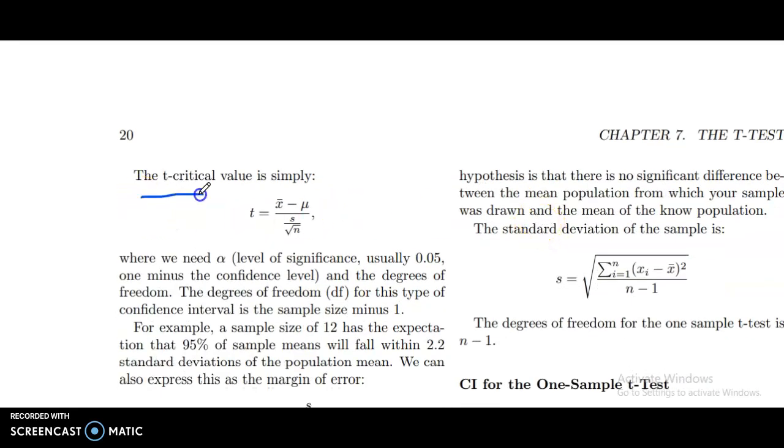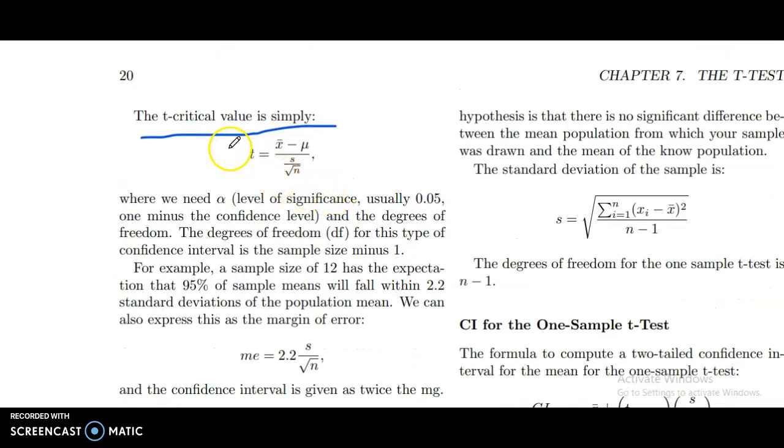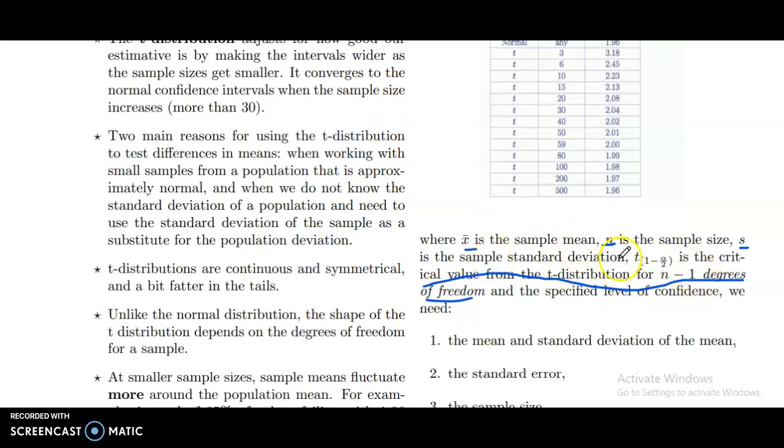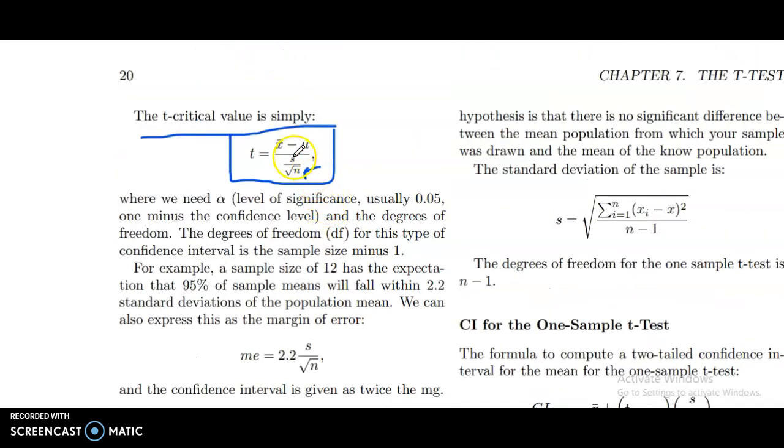The t critical value is simply t equal to x bar minus mu divided by s divided by root n. Already we have seen n is the sample size, so we take the square root, then divide s by this root n.